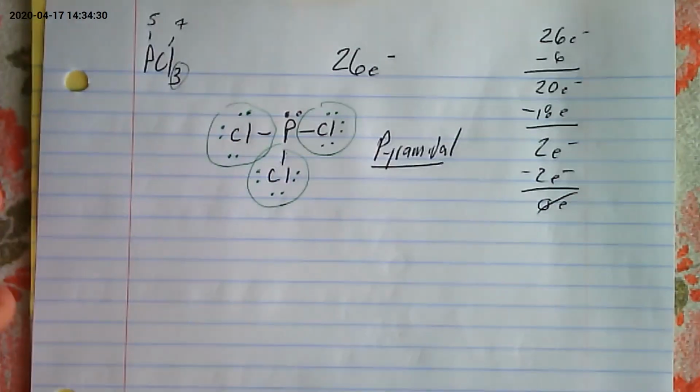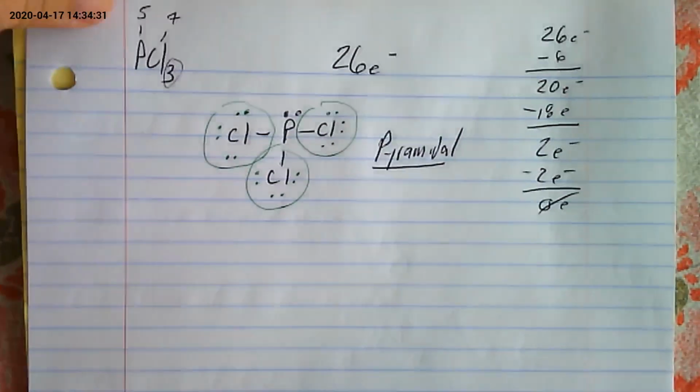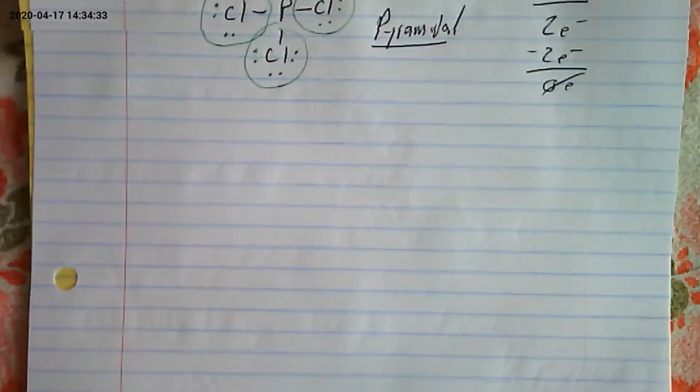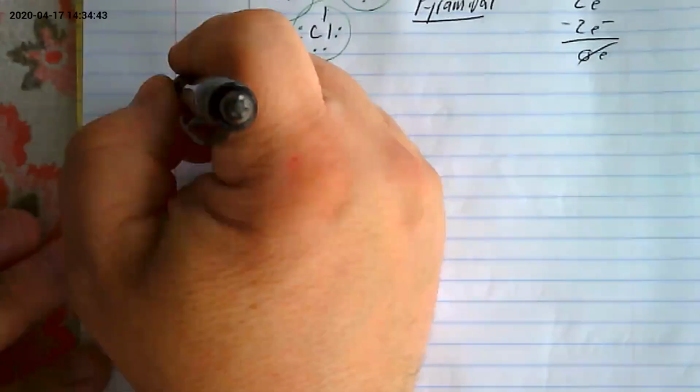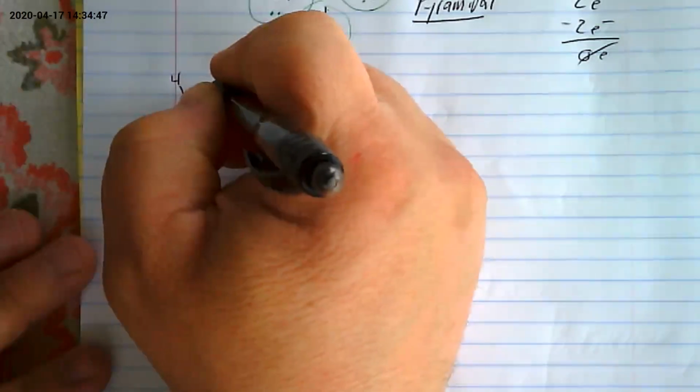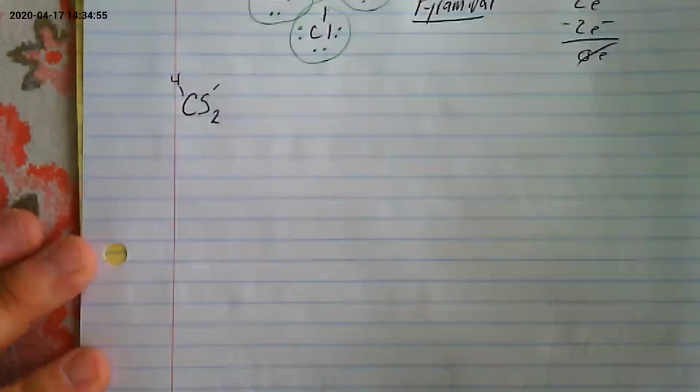Let's try CS2, carbon disulfide. Carbon has 4, and sulfur has how many?